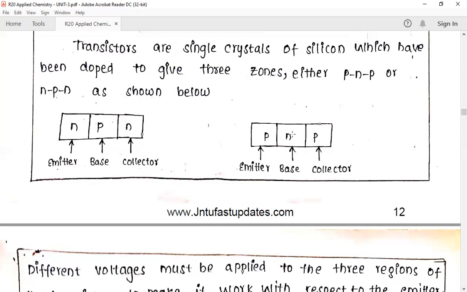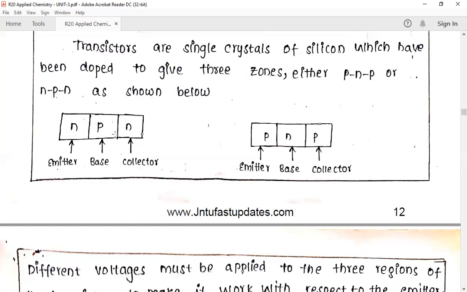These recombined holes constitute a small base current. The remaining holes cross the base and constitute the collector current. A small increase in the voltage within the emitter base circuit provides a large increase in the voltage across the base collector junction. So this is about the PNP junction transistor.